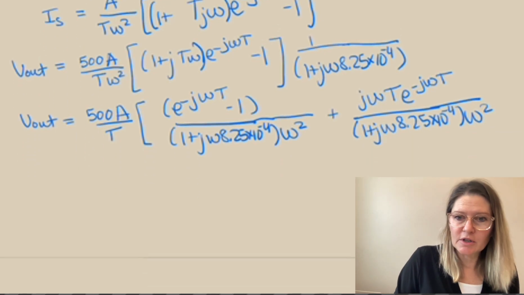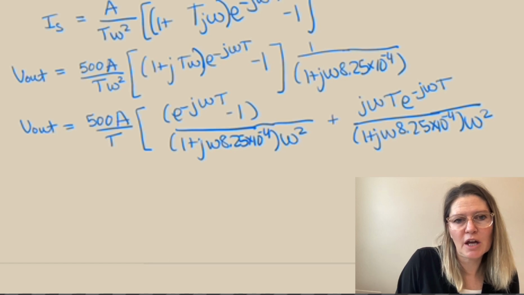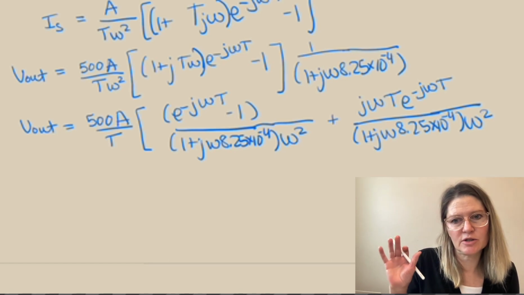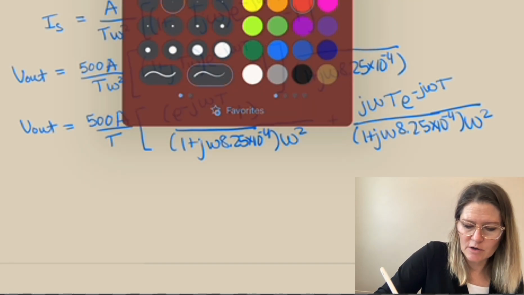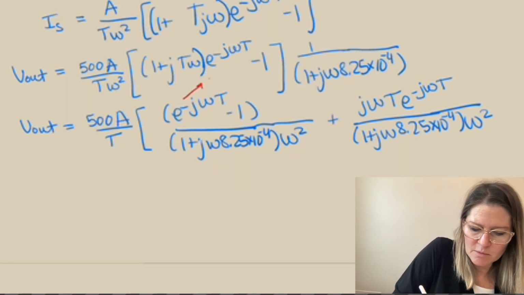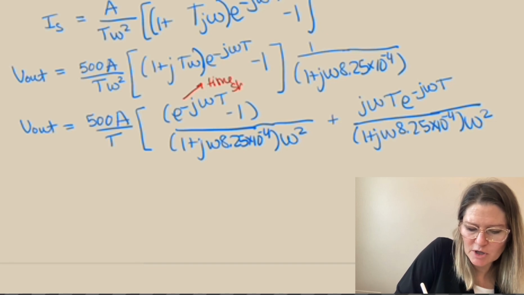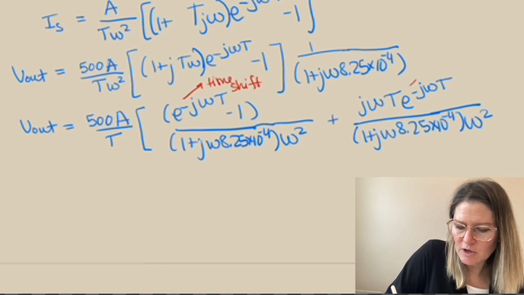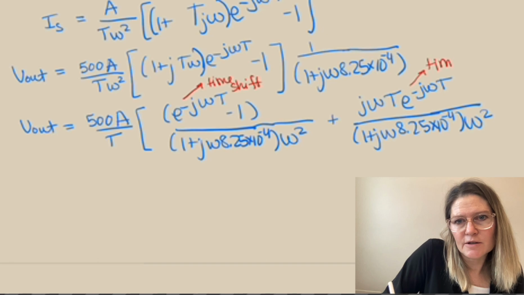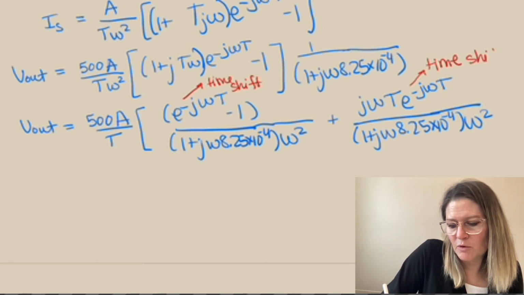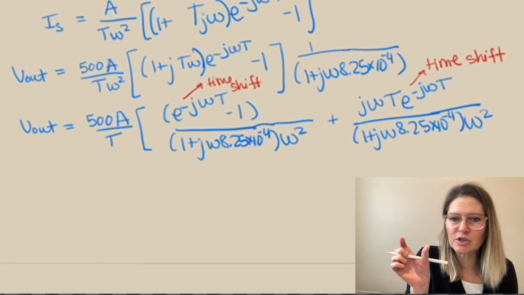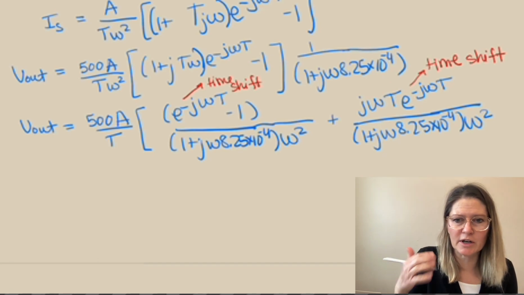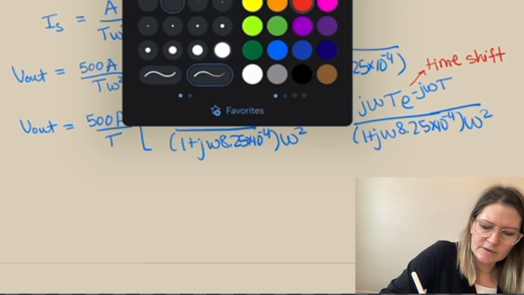All right, so we note that the e to the minus j omega t, just like in the Laplace, becomes a time shift. So what we want to do is move that out and then have just the function in omega that we want to transform.